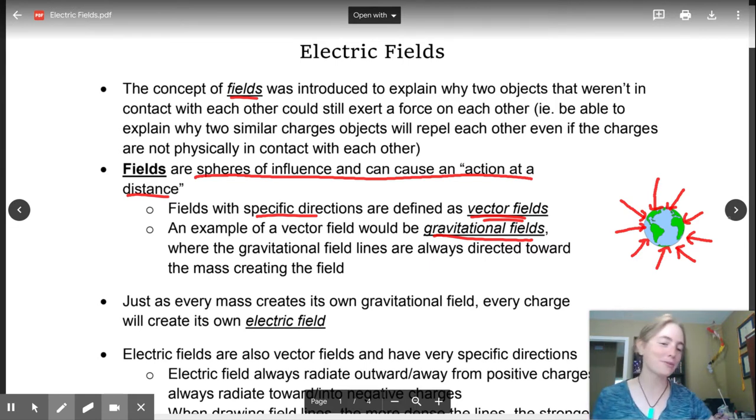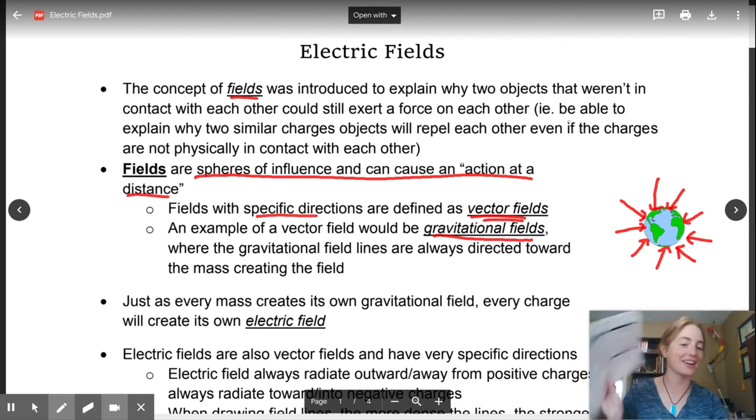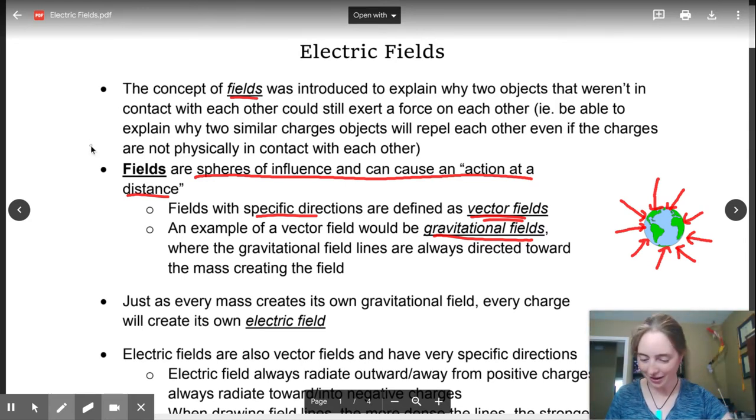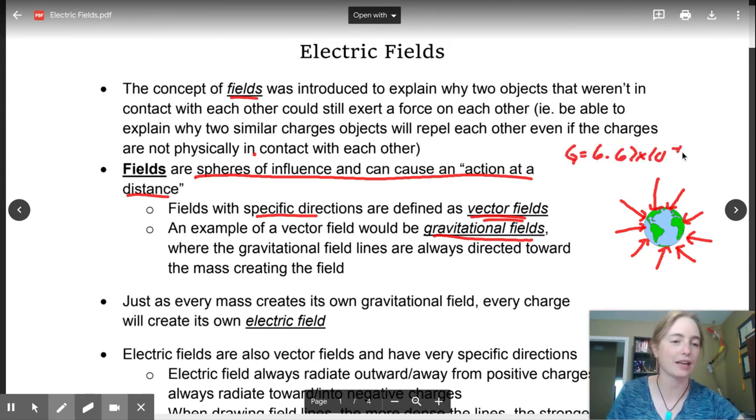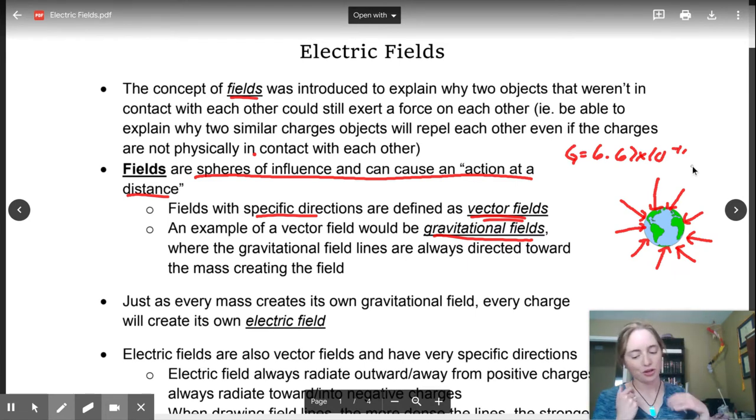Because when you remember our value of big G, it's on the back of your data sheet. I found my data sheet again. So, 6.67. Our big G is 6.67 times 10 to the power of negative 11. That is your universal gravitational constant, or as I like to think of it, one piece of gravity, one unit of gravity.